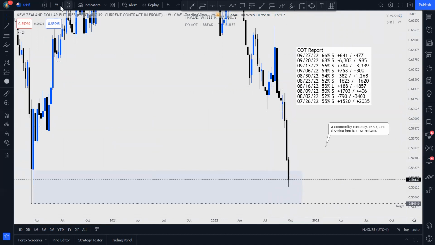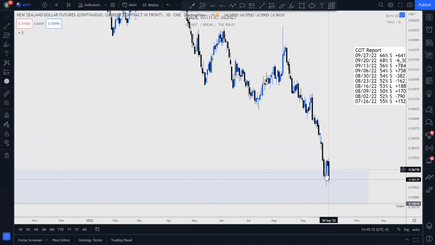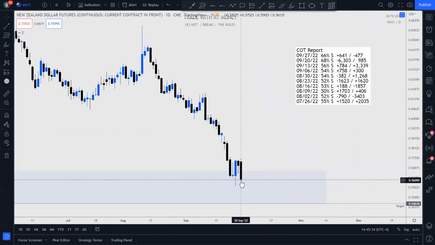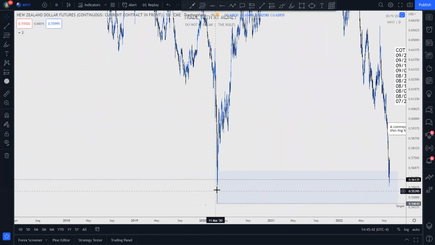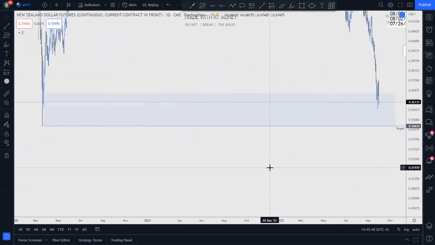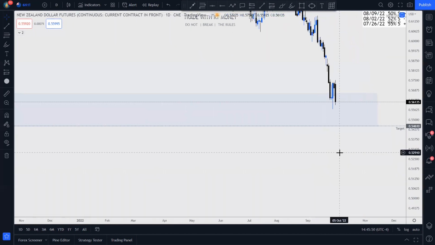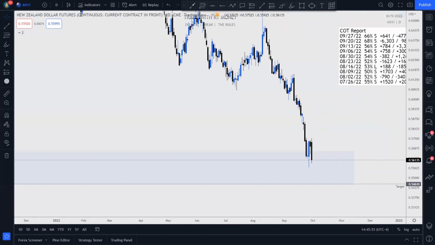If we go to yesterday's close, you can see how bearish it is and how we're going further into this demand area. We break this low, and this is from March 2020, the COVID low. We break that low and start trading under it. Bad news. And we're heading that way. So this one has momentum to the downside.